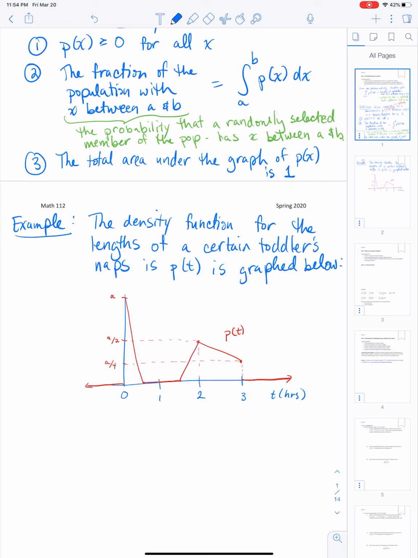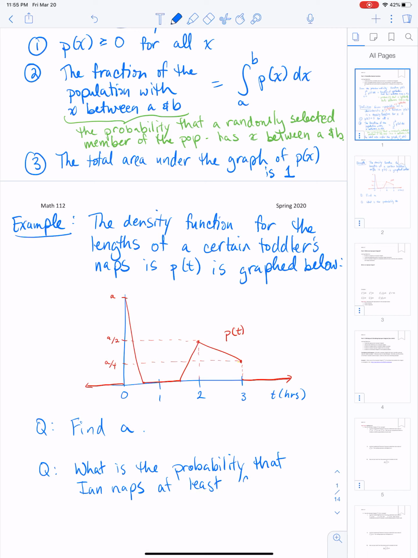Okay, so the 2 questions I have to ask you are, first of all, find A, so that this is a density function, and the second question is to determine the probability that Ian naps at least 2 hours.